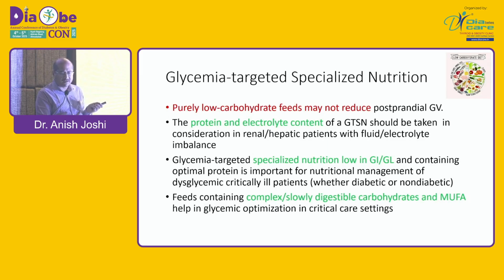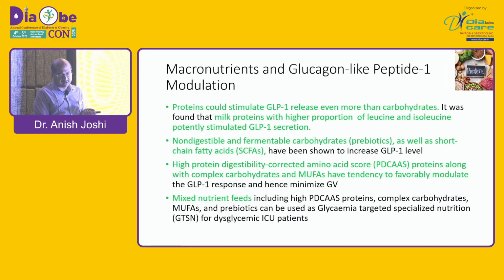It was discussed by my previous speakers also: customize. That word I am again using, that only focusing on pure low carbohydrates may not serve the purpose. You need to focus on the other parts also, particularly the protein and the electrolyte content of this specialized nutrition, and try to give patients feeds which have complex or slowly digestible carbohydrates and MUFA that help in more glucose optimization in ICU patients.